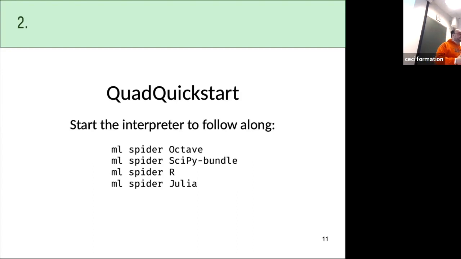Then when you have loaded the module, you can start the interpreter by running either octave, python, R, or julia, all in lowercase. And you will have what we call a REPL, a command line prompt where you will be able to type Octave or Python or R or Julia commands.